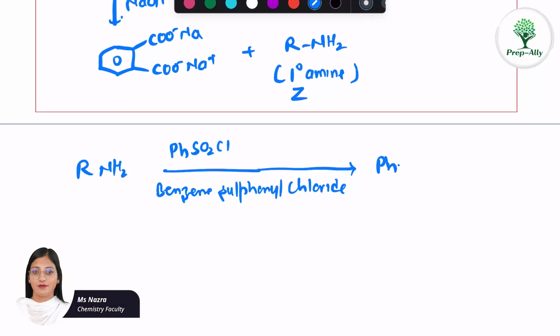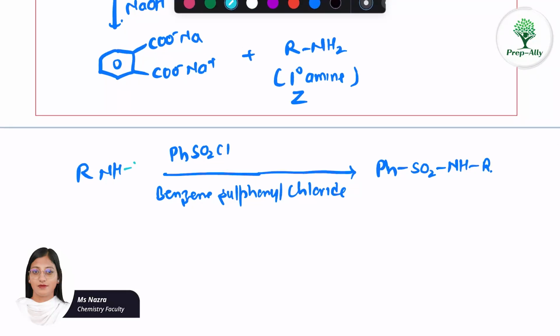It gives PhSO2NHR. This HCl will be removed from here, this H and this Cl. It will form your N-alkyl benzene sulfonamide.